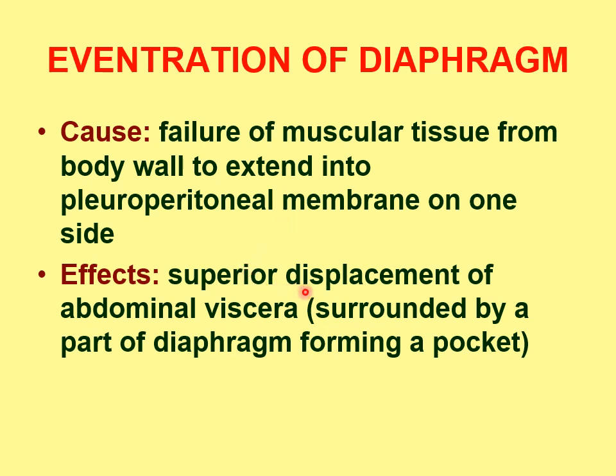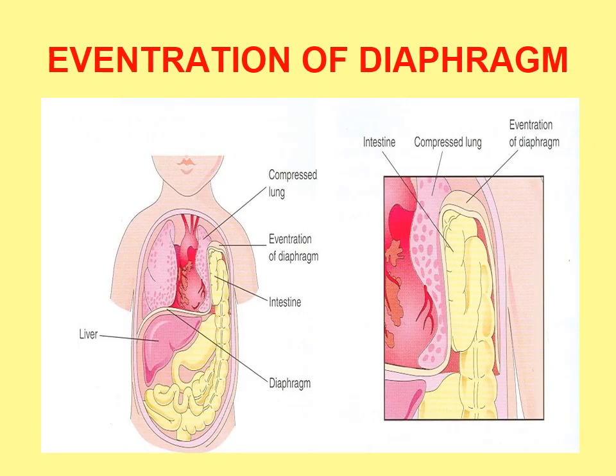So there is superior displacement of abdominal viscera, surrounded by the membranous part of the diaphragm, making a pocket around the viscera. Here you can see the eventration of the diaphragm, in which this membranous component of the pleuroperitoneal membrane is present.